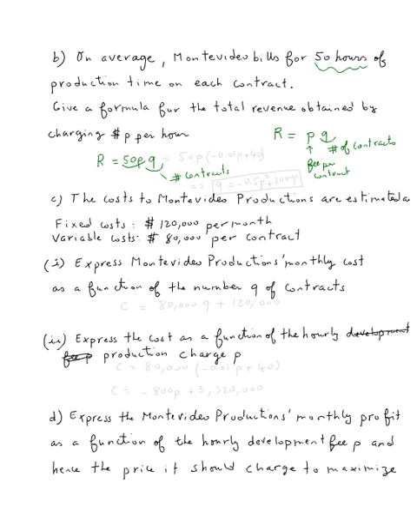So it's 50P times Q. Now we need to replace Q. We know it's the quantity demanded, which is a function of the price: negative 0.01P plus 40. Now all we need to do is distribute. If you distribute, you get revenue equal to negative 0.5P squared plus 2000P.